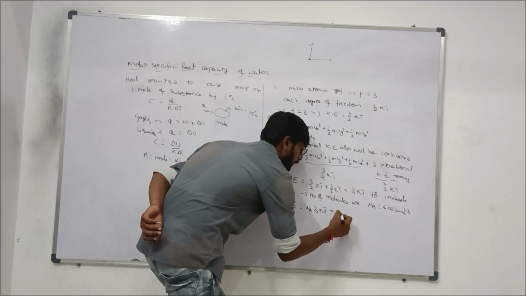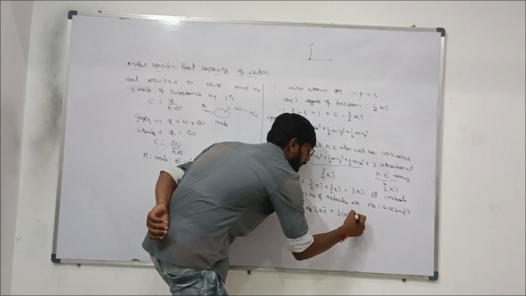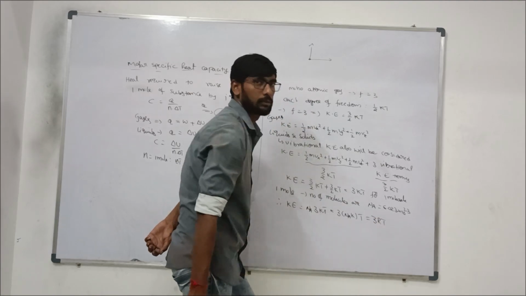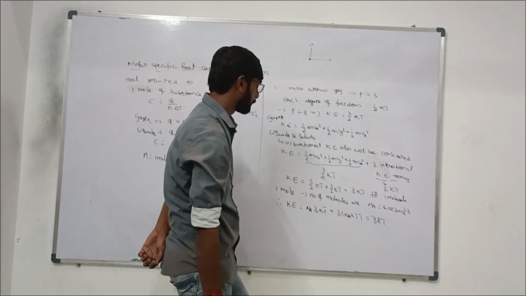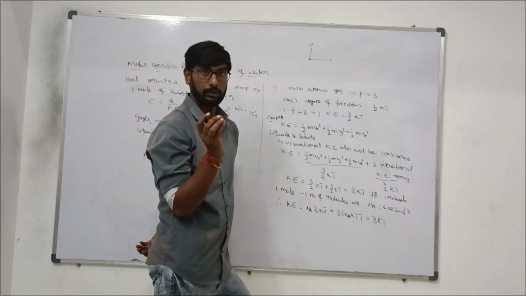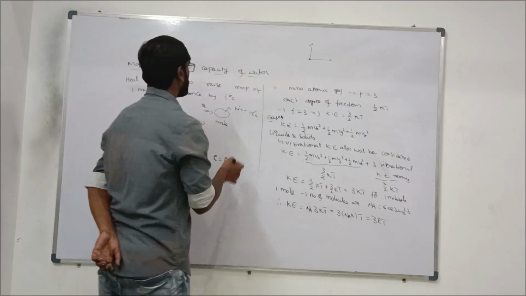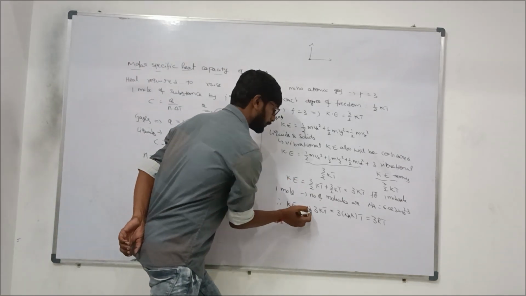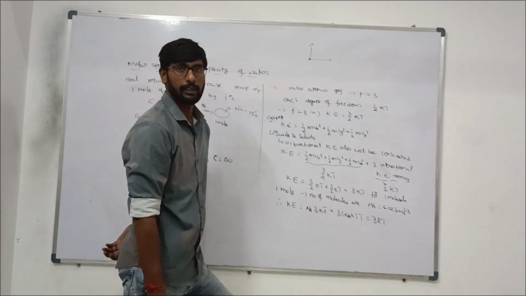This Na into k will be written as R, so 3RT. But we are talking about the water molecule, and in a water molecule we have 3 atoms, each with 3RT.